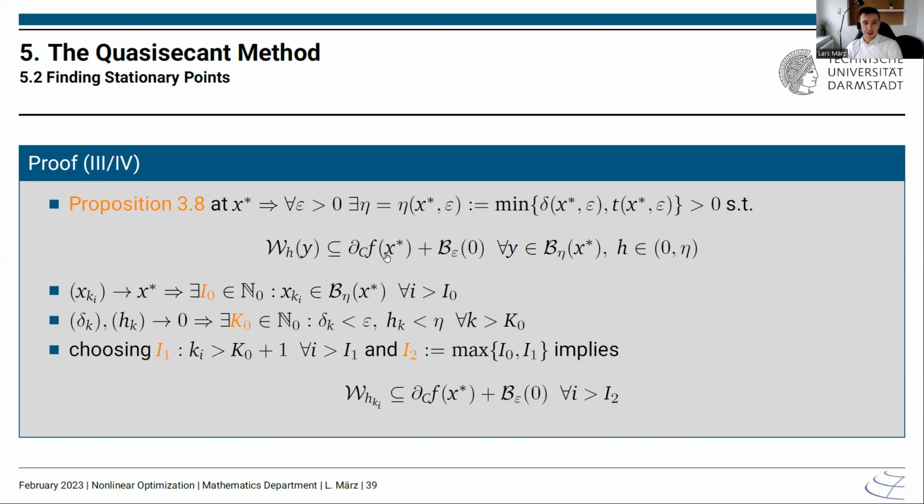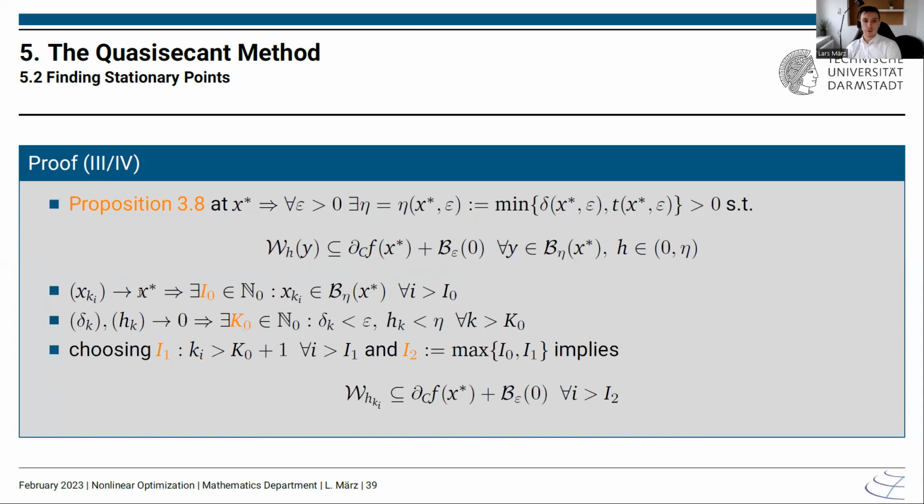So keep that in mind. We know that x_{k_i} converges to x star, so there is an index such that all the iterates from that point onwards are within that ball of radius eta. And we know that both delta_k and h_k vanish. So we also have an index such that delta_k is bounded by epsilon and h_k bounded by eta.